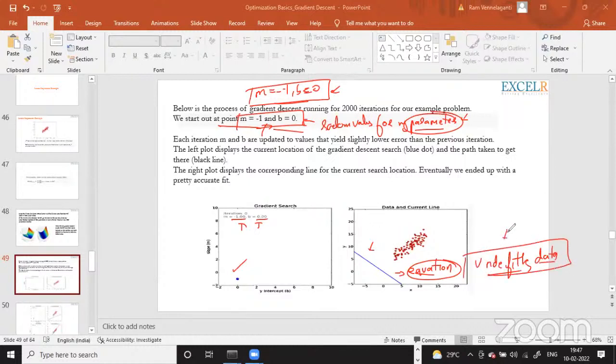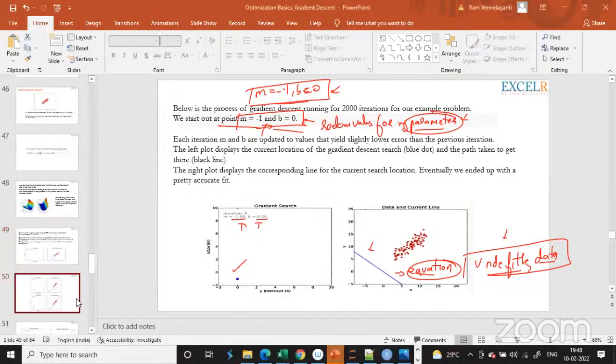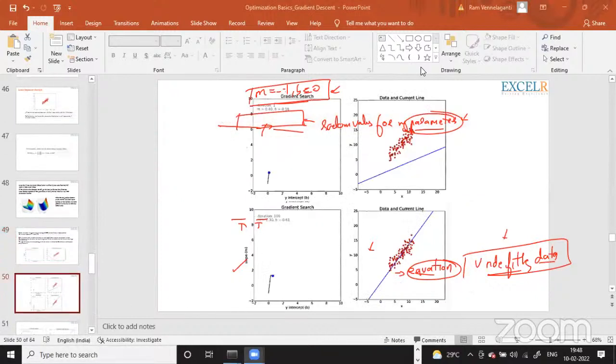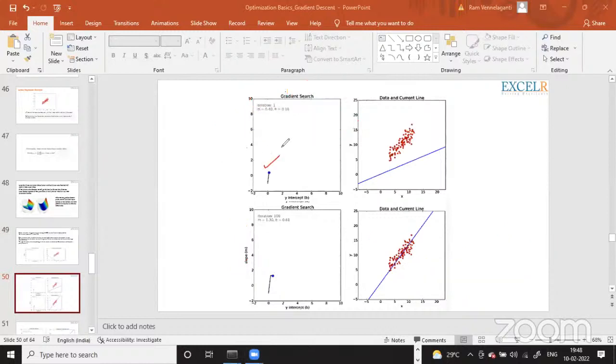So what I'm going to do, I have to keep on experimenting using my gradient descent algorithm. I have to keep on experimenting with different values for my slope and intercept. So let us try to experiment. When you change your value now, M has become 0.40, B has become 0.18.